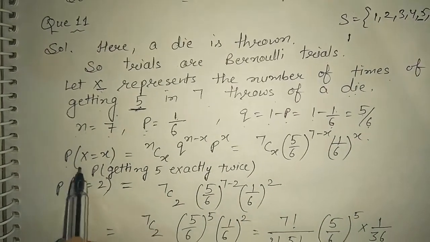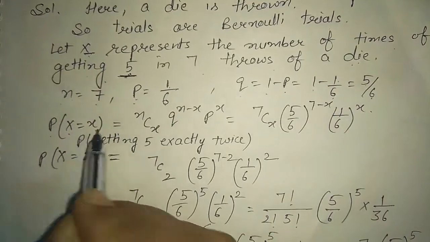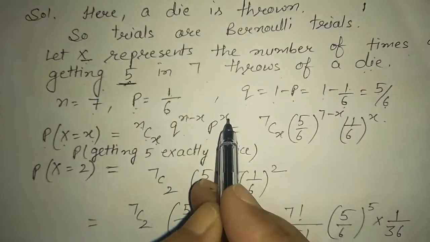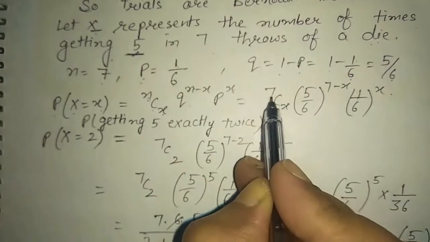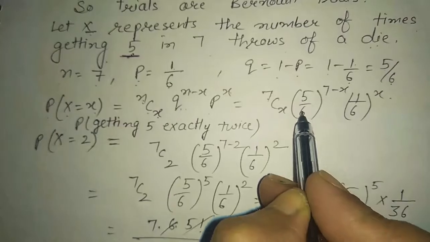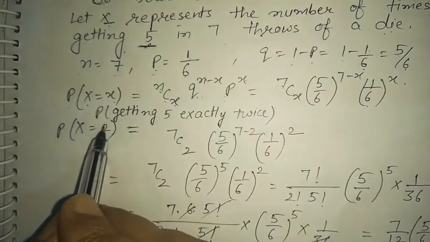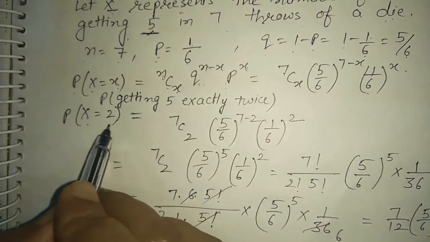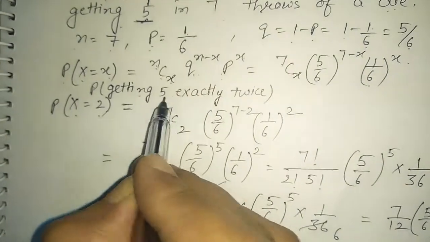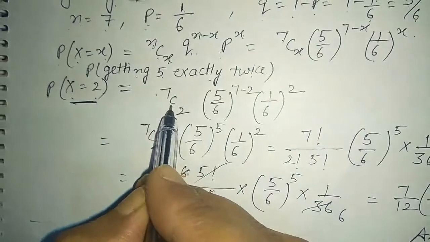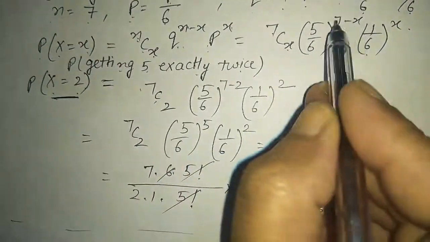And what is the formula of binomial distribution? P(x) is equal to nCx q raised to power n minus x, p raised to power x. n is 7 here, q is 5 by 6, p is 1 by 6. We want to find the probability for x equal to 2, because getting 5 exactly twice means x is equal to 2 here. So at the place of x we put 2 in this formula.